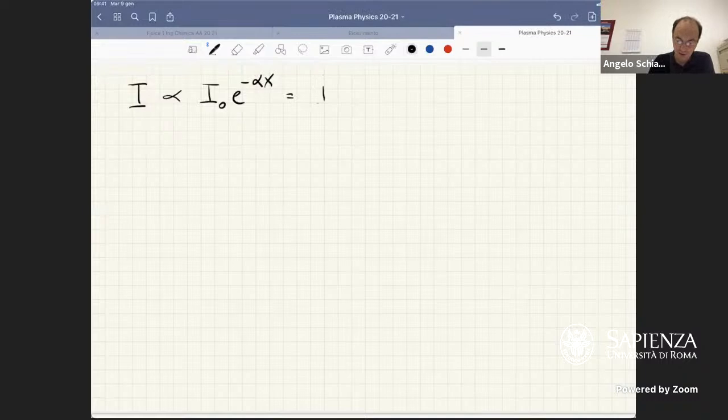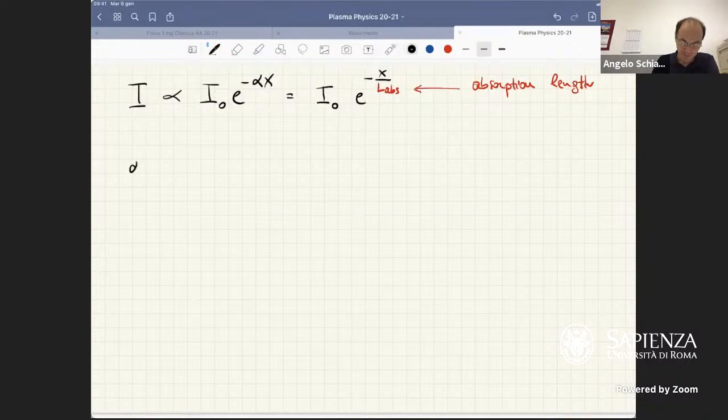So this is just I naught e to the minus x divided by L abs, where L abs is the absorption length. And we can then express alpha as 1 over the absorption length.